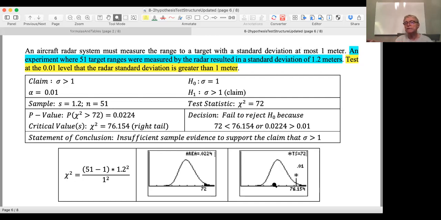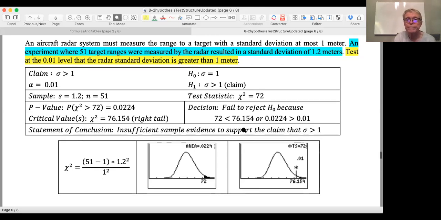If it's on the right side, you would say you rejected because the critical value is less than the test statistic on the right. So in this case, we would say fail to reject H0 because the test statistic is less than the critical value on the right.